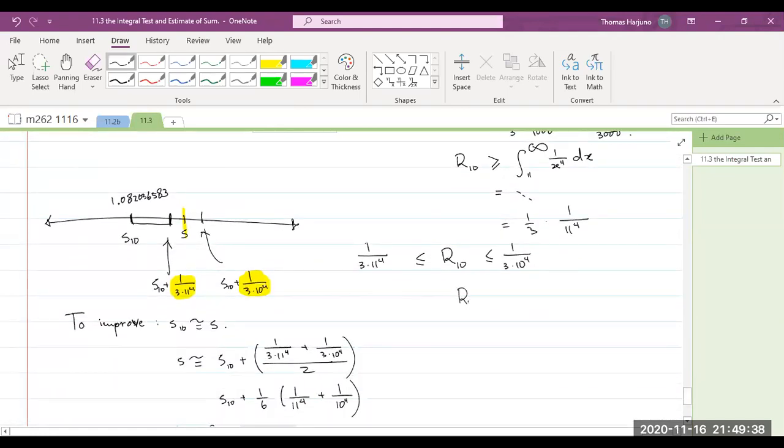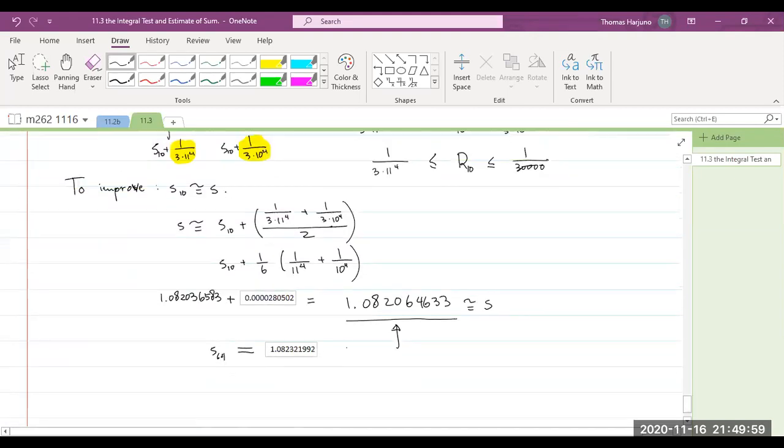So my R of 10 will be 1 over, I'm sorry, 1 over 3,000. Oh, not 3,000, that's 30,000. Am I computing anything wrong here? The difference here is too big though. 1.0823219992 subtract by 0.1.